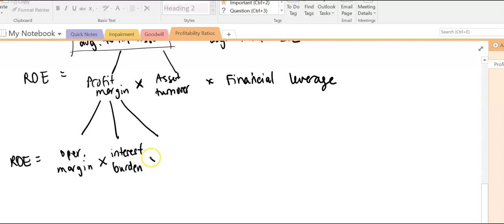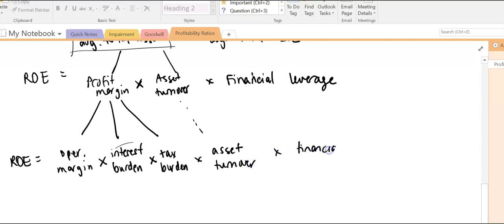Just remember, with the interest burden, higher is better. When we're multiplying here, the higher the amount of interest burden, the higher the ROE is going to be. Multiply this by the tax burden, or I prefer to think of it as the tax shield, times asset turnover, times financial leverage.